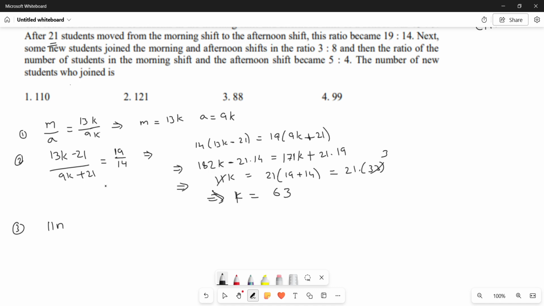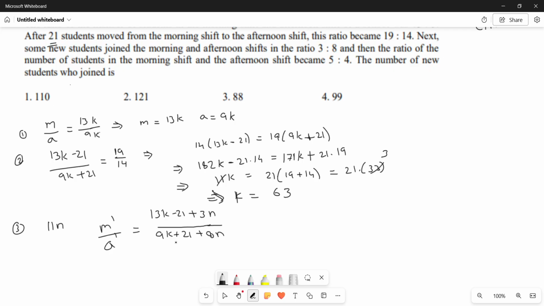Similarly, that's what we did in other examples we discussed previously. So this 11n is the total number of new students, and these students have joined in the ratio of 3 is to 8 in morning and afternoon. So the new morning and afternoon ratio, m dash by a dash, equals 13k minus 21 plus 3n over 9k plus 21 plus 8n.